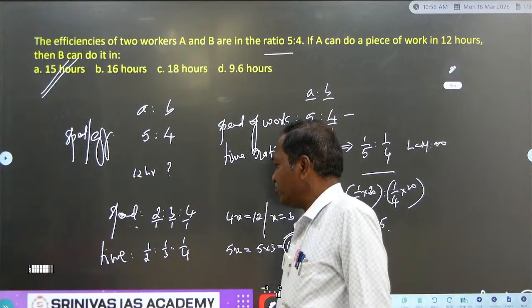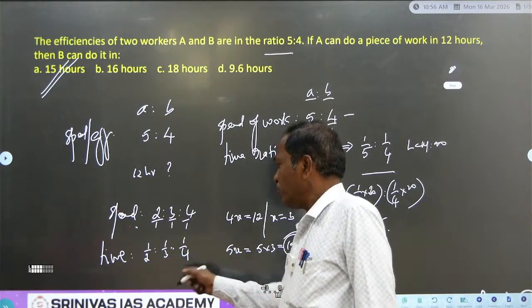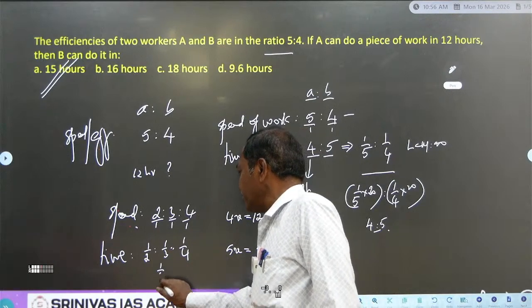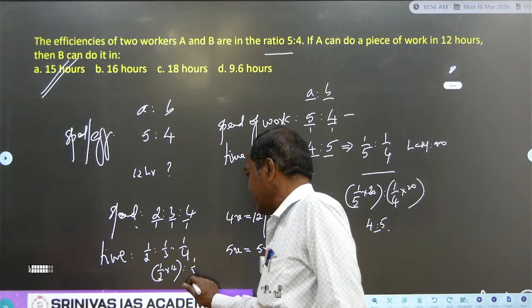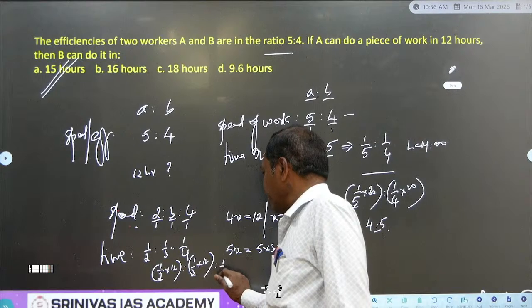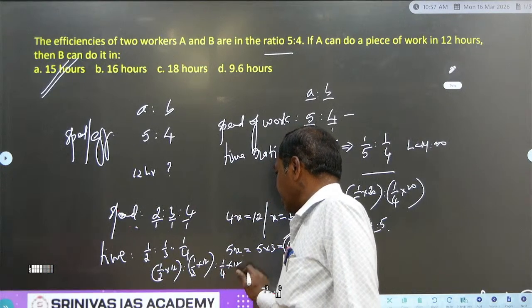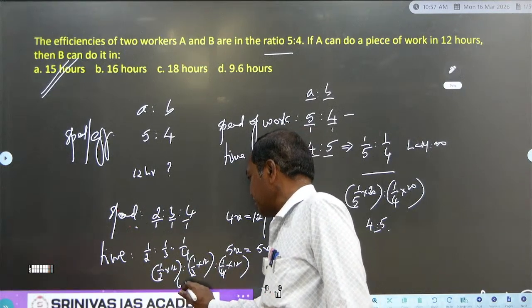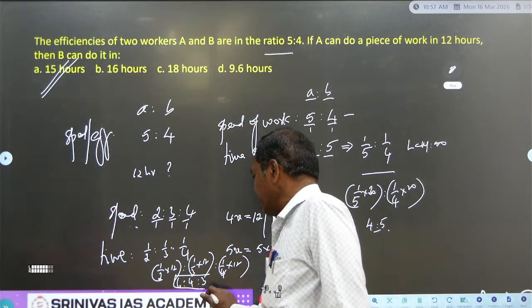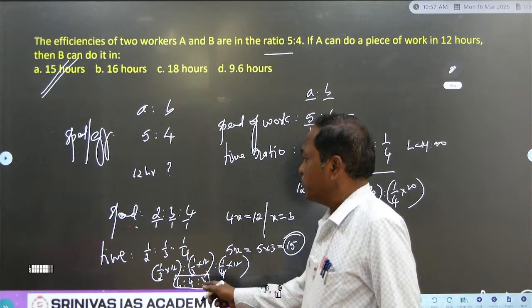What is the LCM of 2, 3, 4? 4 into 3, 12 is the LCM. 1/2 into 12, 1/3 into 12 and 1/4 into 12 gives 6, 4, 3. The time ratio is 6 : 4 : 3.